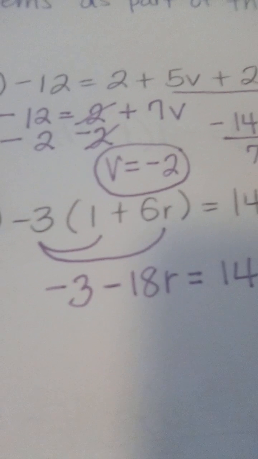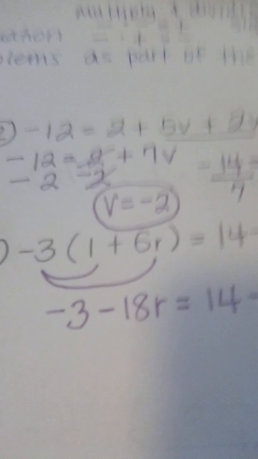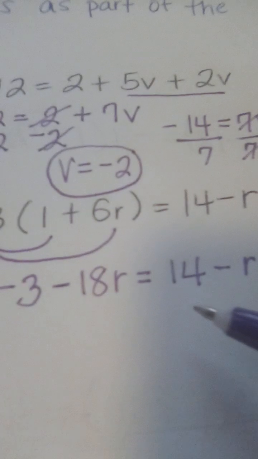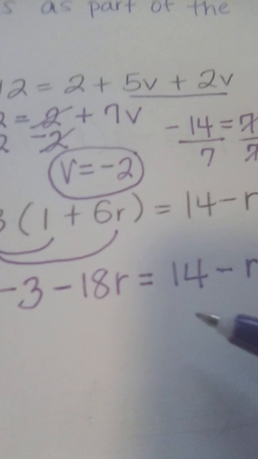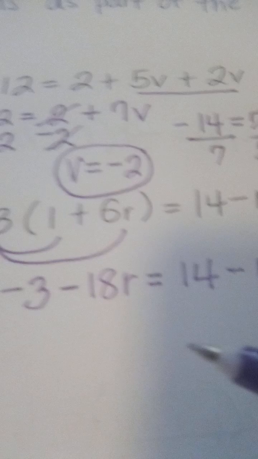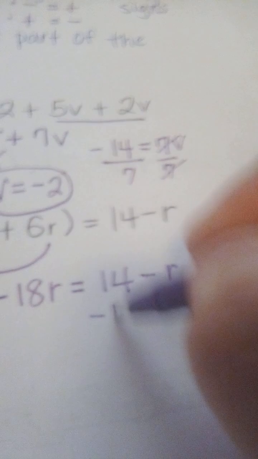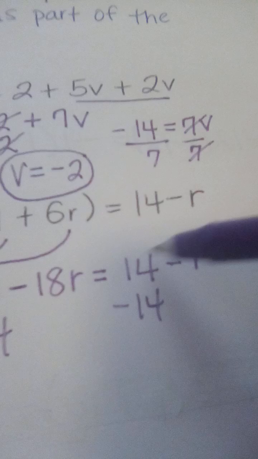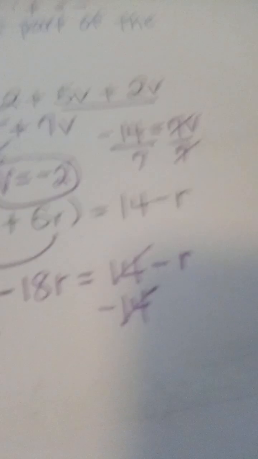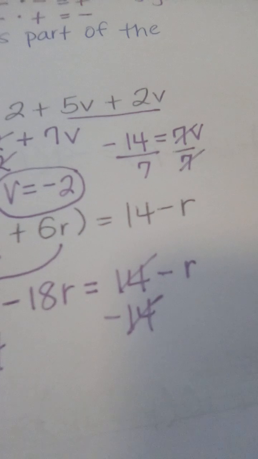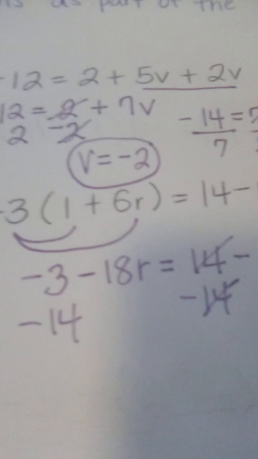Then we have to clean up both sides, right? Do we add 14 to both sides or subtract 14? We subtract 14, right? This will clear out one side here. So far, so good, right, folks?